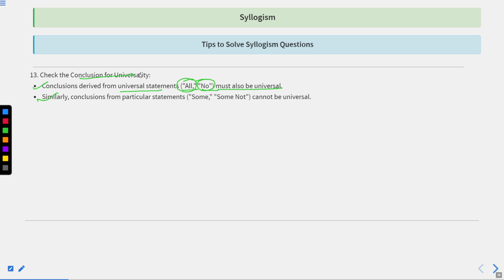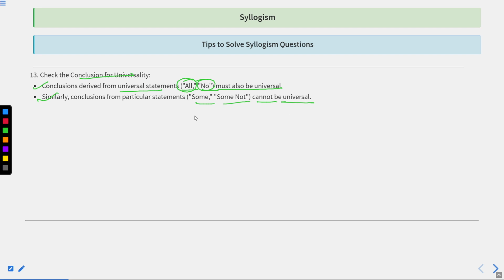Similarly, a conclusion from a particular statement, some or some not, cannot be universal. For example, if some A are B, can we say that all A are B? No, we cannot say that, because that would be moving from a particular statement to a universal one.